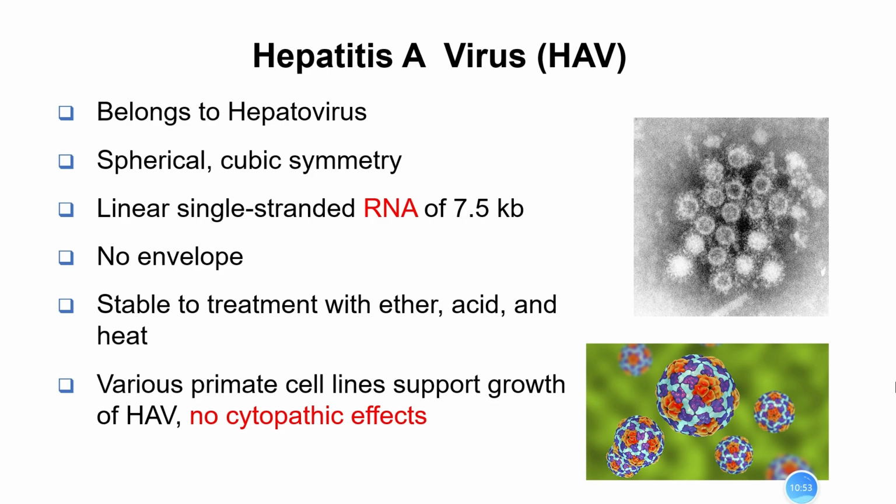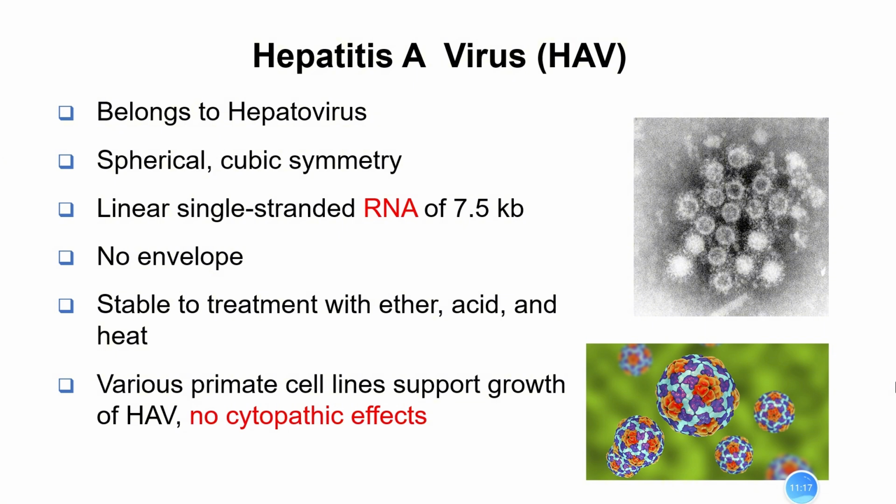The genome of HAV is linear single-stranded RNA, positive sense. The size of the genome is 7.5 kb. And it's a naked virus, so there's no envelope covering the sphere.